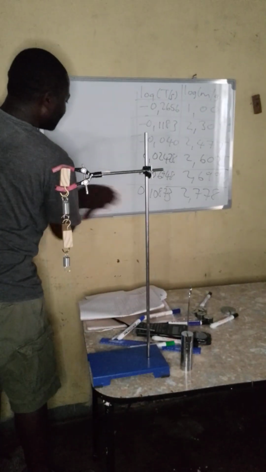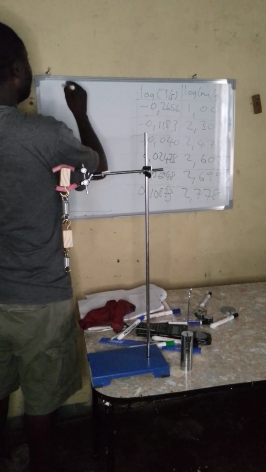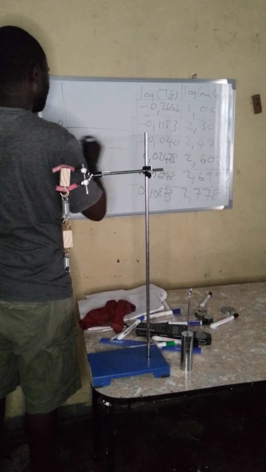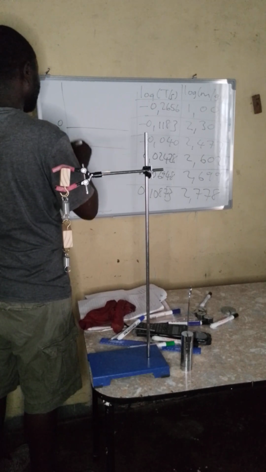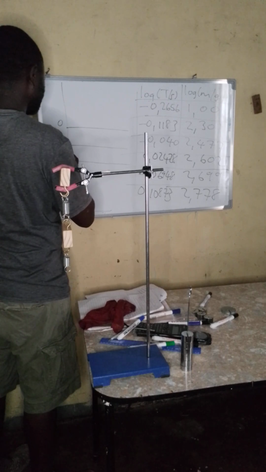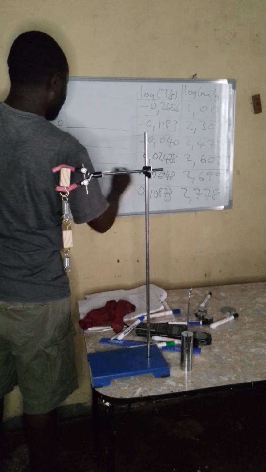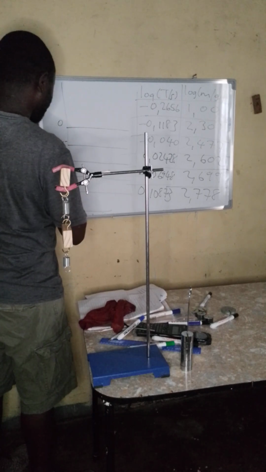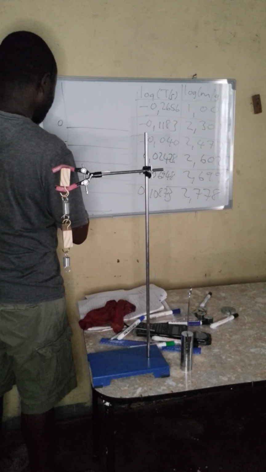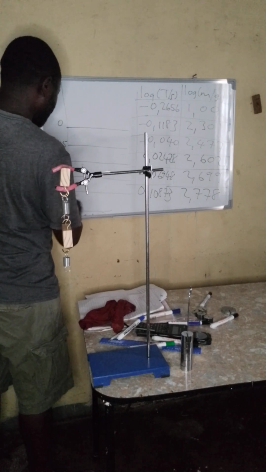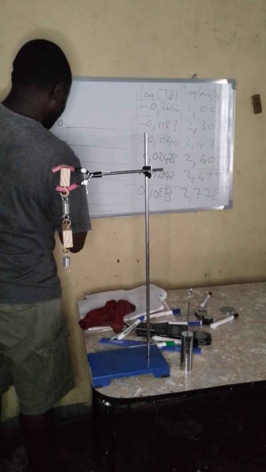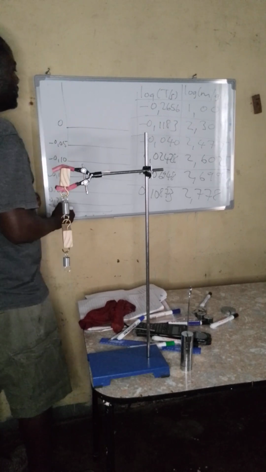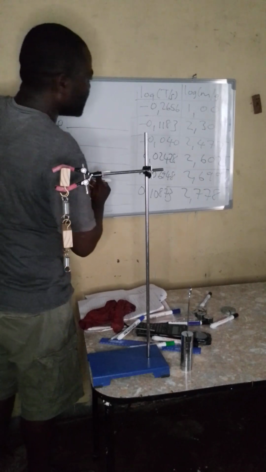We should be able to choose our scale. So we have 0, minus 0,05, minus 0,10, minus 0,15, minus 0,20, minus 0,25, minus 0,30, because you should use the whole axis.